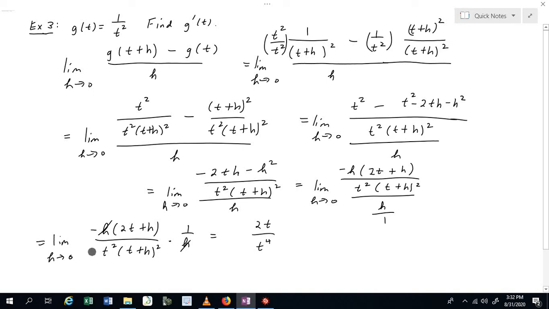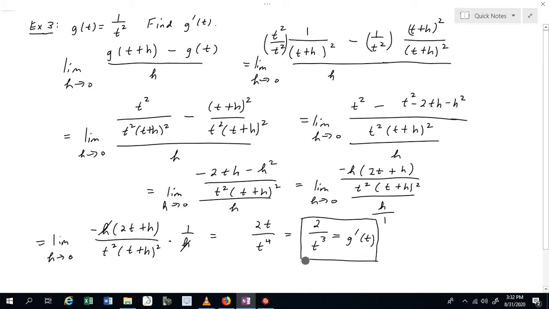Okay, so that's the limit of this function as h goes to 0. And notice here that one of the t's cancels, so you could actually write this as 2 over t cubed. Okay, so that's our derivative. That's g prime of t.